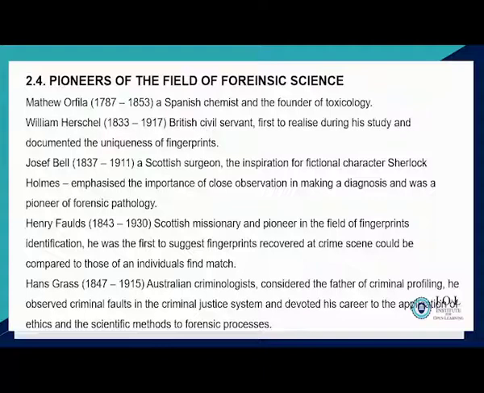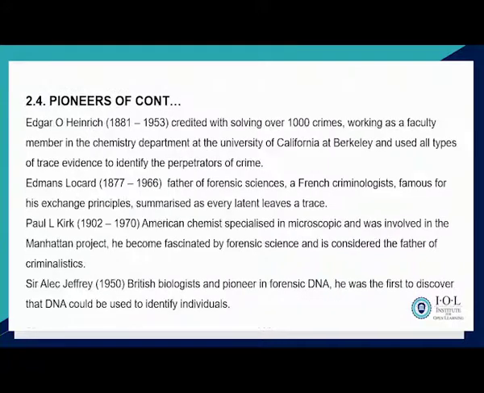Hans Gross, 1847 to 1915, Austrian criminologist, considered the father of criminal profiling. He observed faults in the criminal justice system and devoted his career to applying ethics and scientific methods to forensic processes.